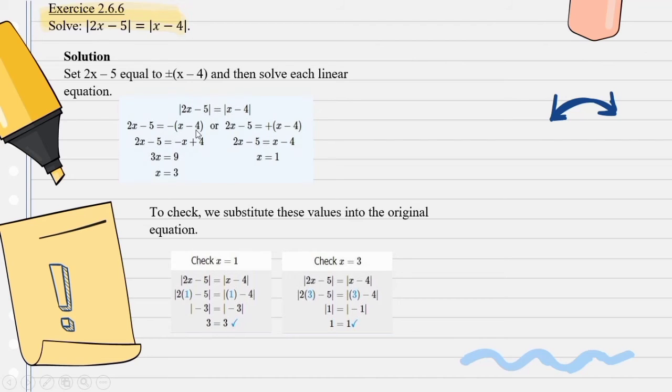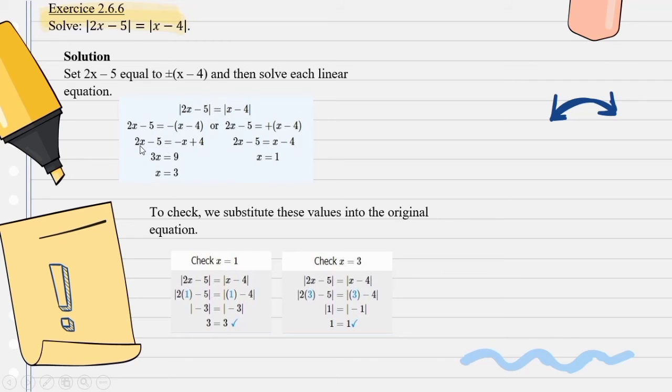For the first, distribute the minus: minus times minus is positive.